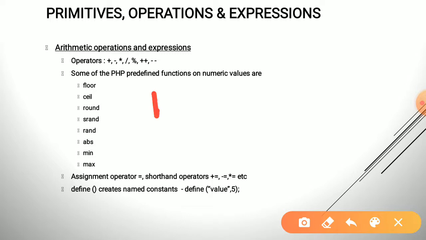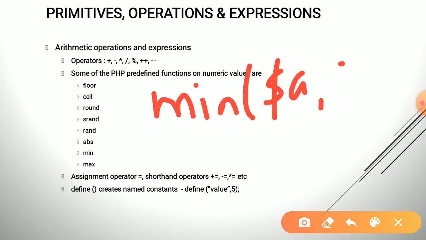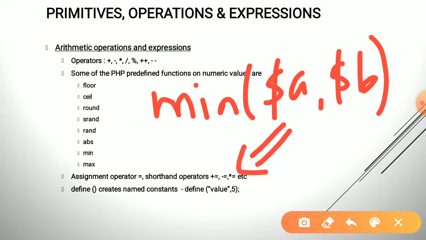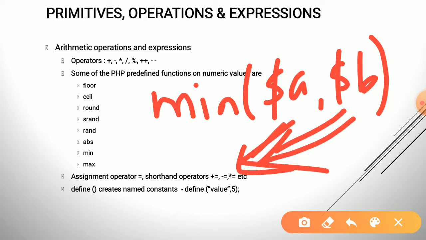For example, if we give min of $a, $b, and $a equal to 10 and $b equal to 2, it returns the value of $b, that is the smallest number.